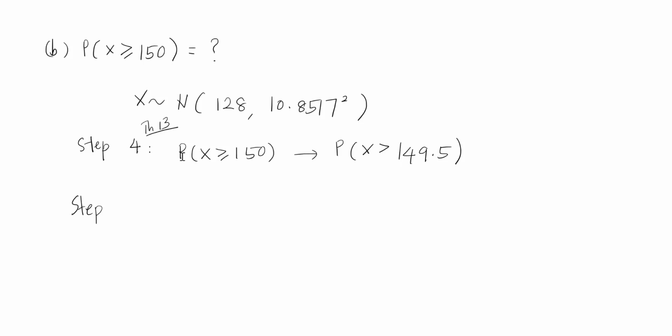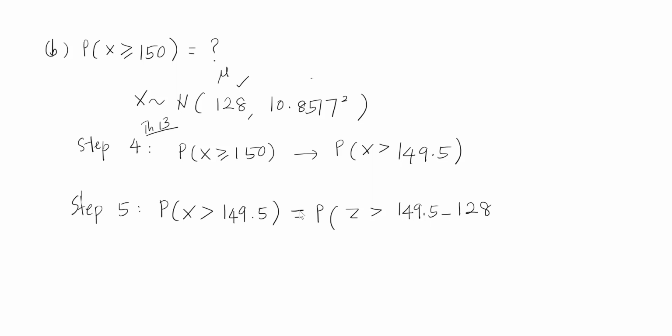So in step 5, we are looking for X greater than 149.5. It's equal to Z greater than 149.5 minus the mean, which is 128, all over the standard deviation, 10.8517.